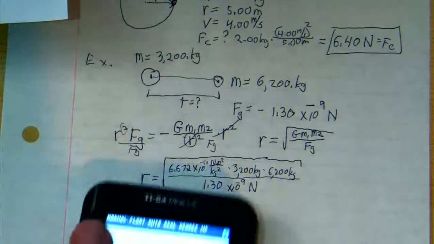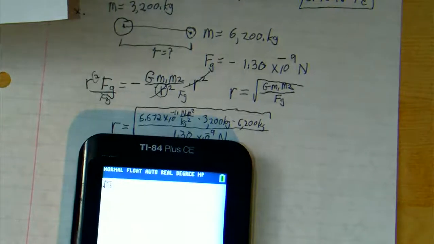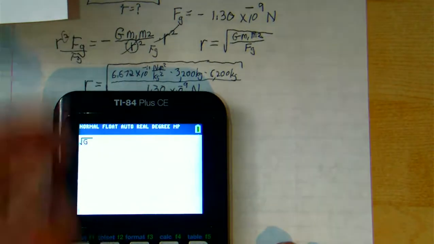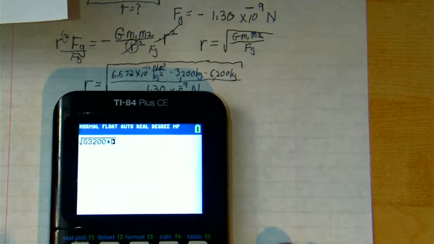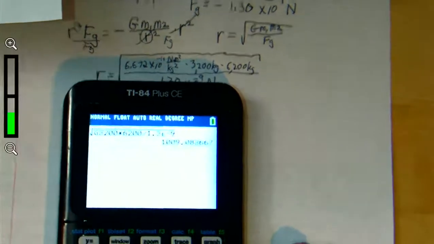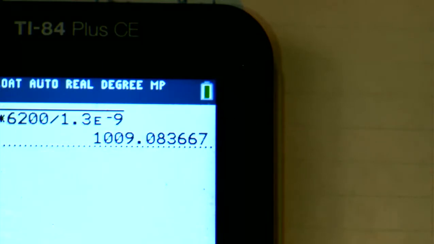So, plugging those numbers in, the square root of G times 3200 times 6200 divided by 1.3 times 10 to the negative 9th. Beep, beep, beep. And the result that I get is 1,009 meters. So to 3 sig figs, I would say 1.01 kilometers.